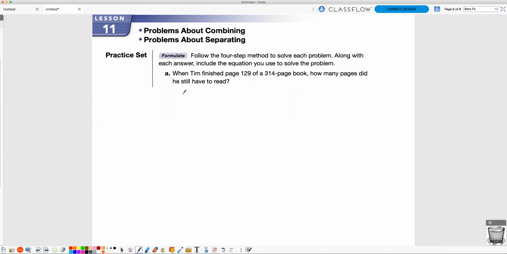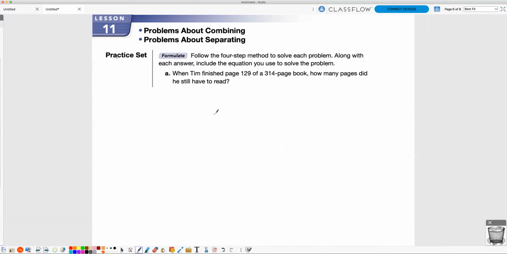So in this case, you can see that we've got a 314-page book, and he finished page 129, so he still had to read a number of pages. We don't know how many pages are remaining, but we know what the total is.